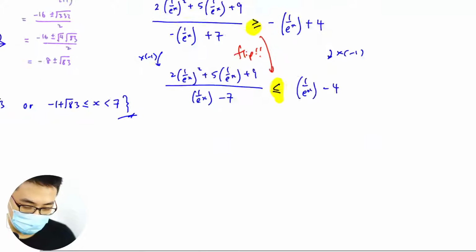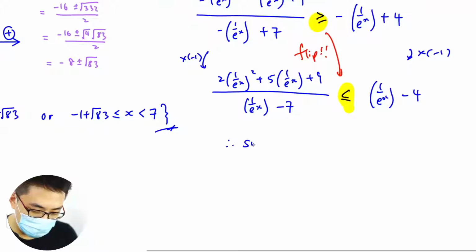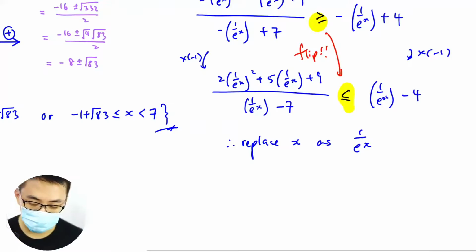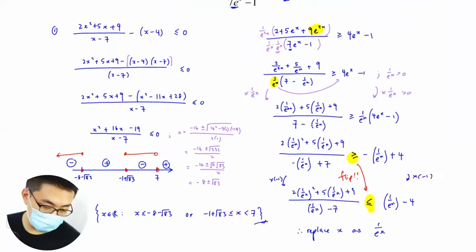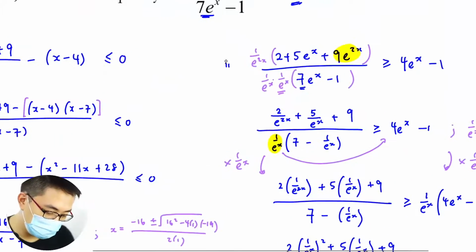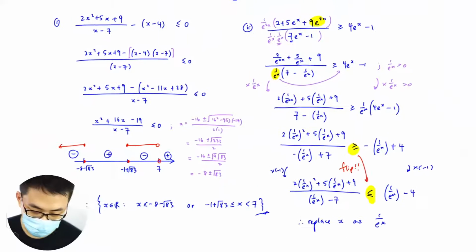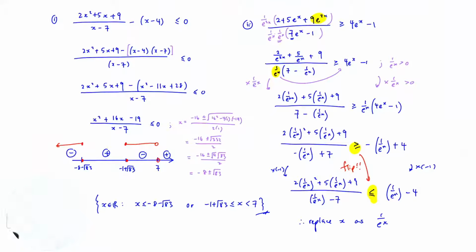Okay. Hence, replace x as 1 over e^x. This is part 2, right? Am I moving too fast? Let me know if I'm moving too fast, okay?